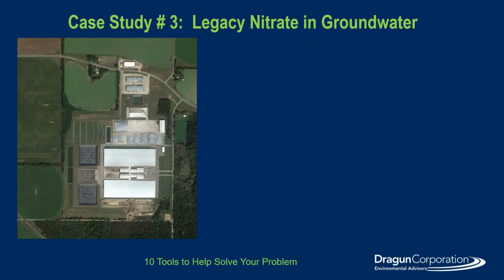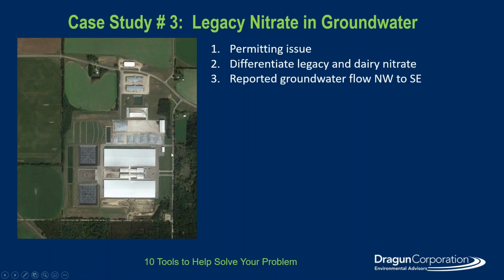The third case study is one of nitrate in groundwater. It's a permitting issue at a large commercial dairy. This area is one in which there's legacy nitrate, meaning there's nitrate from past activities, and the concentrations are very high.